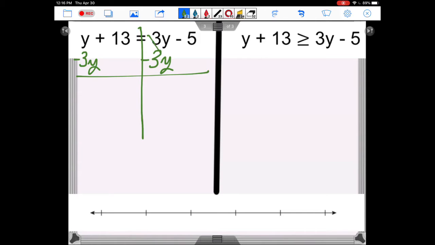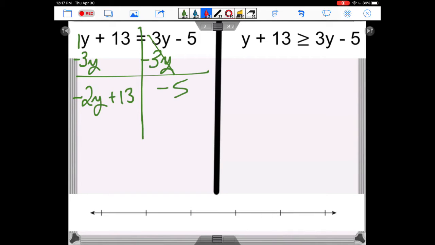So 3y minus 3y makes 0. And all we're left with now is a negative 5. On the other side, 1y minus 3y will actually make negative 2y. And notice we still have the plus 13.